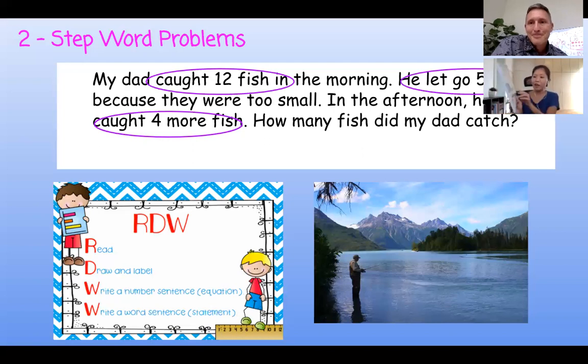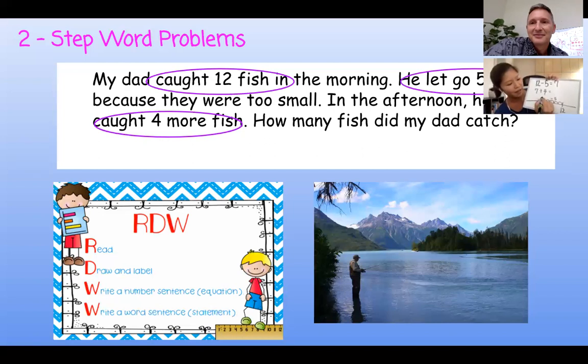So I kind of went like that first to show my minus 5, where I was counting backwards, right? I started here and counted backwards. I'm here, but now I got 4 more fish, so I have to go the other direction. So watch this. I am here, so I have to keep track.